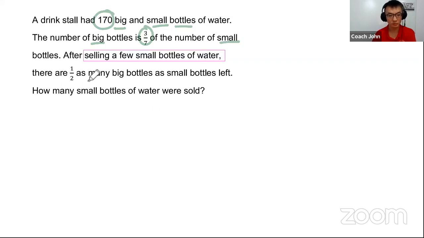Then you have big bottles, small bottles, and of course the half. Now you can see that there are three different groups of information here: before, change, after. So something that you can do when you find that the question is too overwhelming, you can break it down into before, change, after.